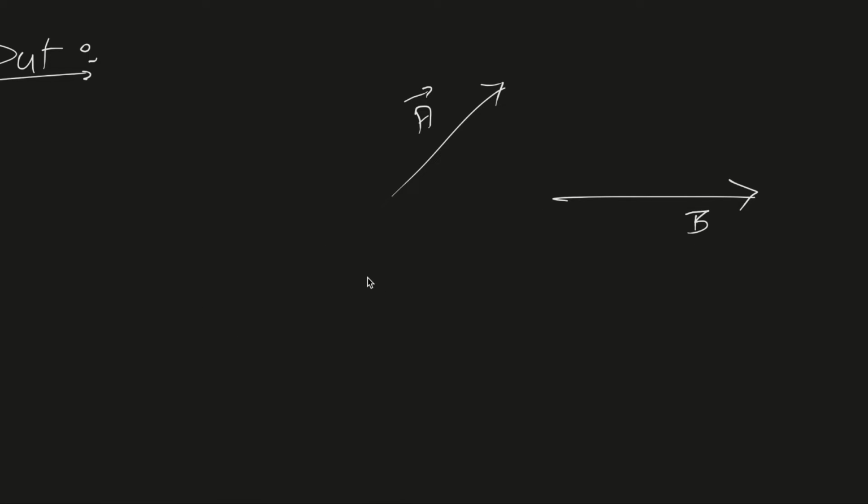Let's suppose you have the vector a here, and the vector b here, and you have to find the resultant. What are the steps?